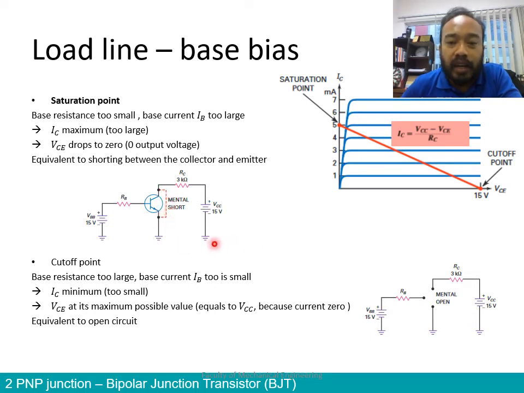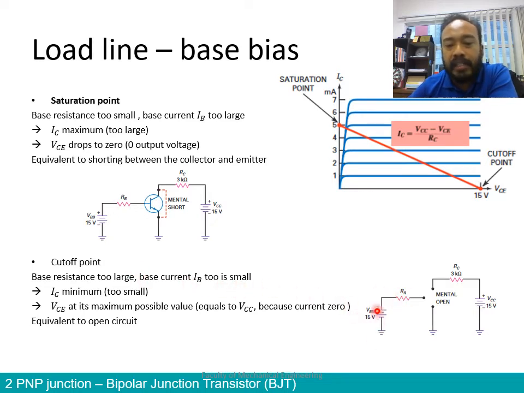Okay, and then the second point is what we call the cutoff point. This is the second extreme condition, where it is the opposite of the saturation point. In saturation, the resistance is too small, but here the resistance at the base is too large.